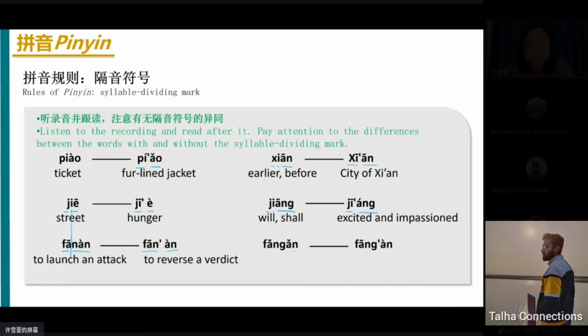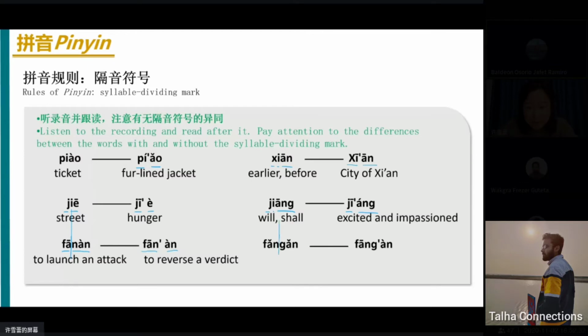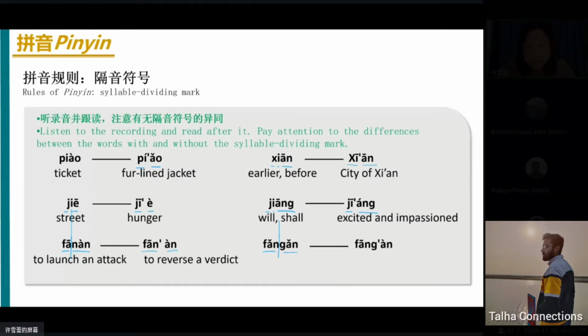Final example for this one. The two syllables here, two syllables. Now we should divide them here. 反 for 俺反 歌俺赶.